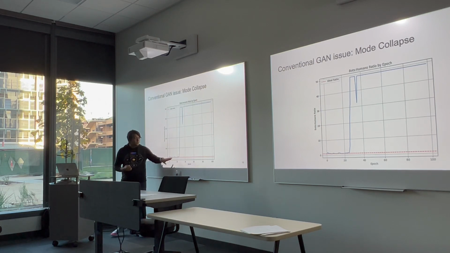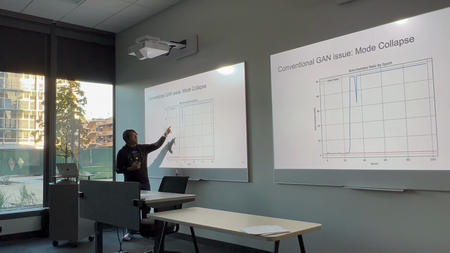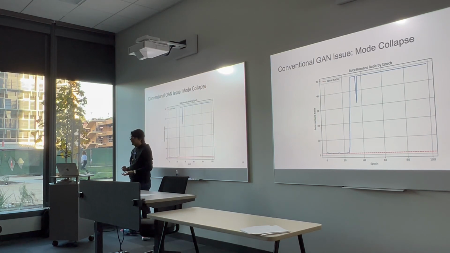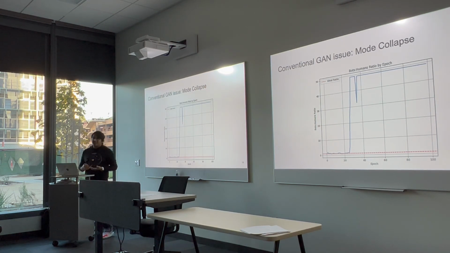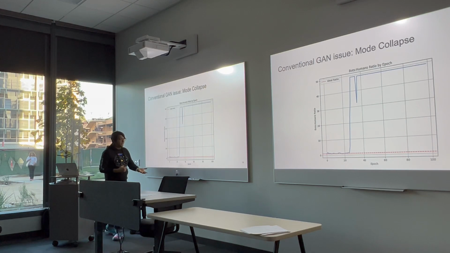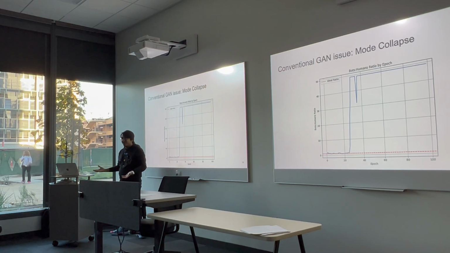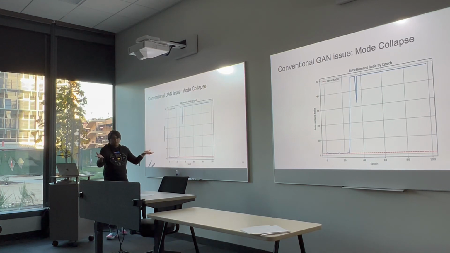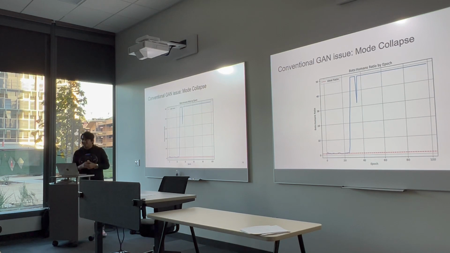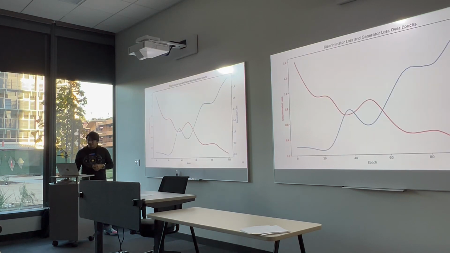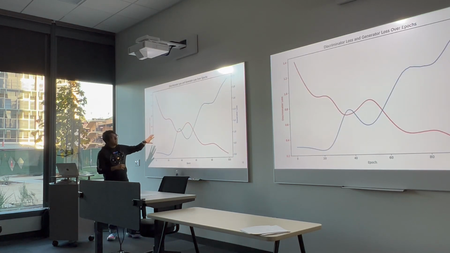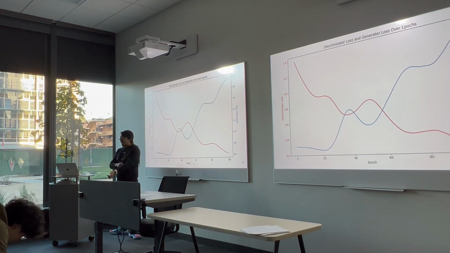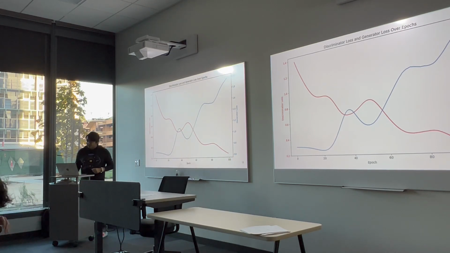And right after epoch 20, the ratio goes to about 46 bots generated for every human. And the discriminator in the GAN understands this, and it's very easy for them to say it's a bot, because 46 times out of 47, it'll be right. And that's why you see this result, where the generator starts to have higher and higher loss.